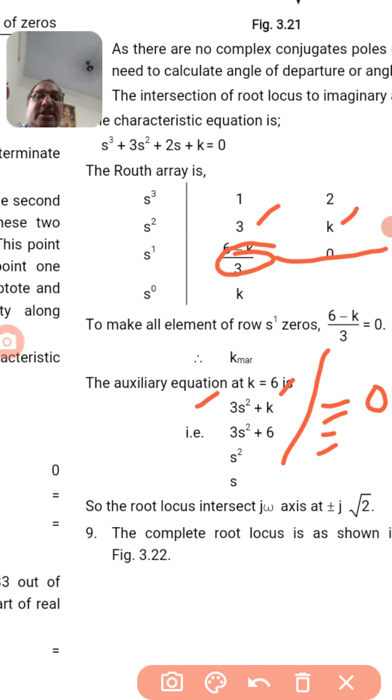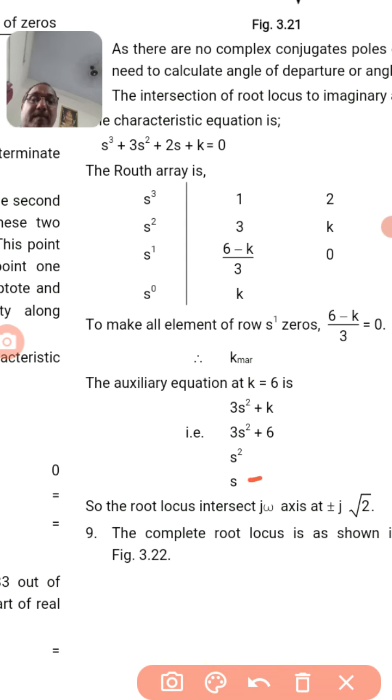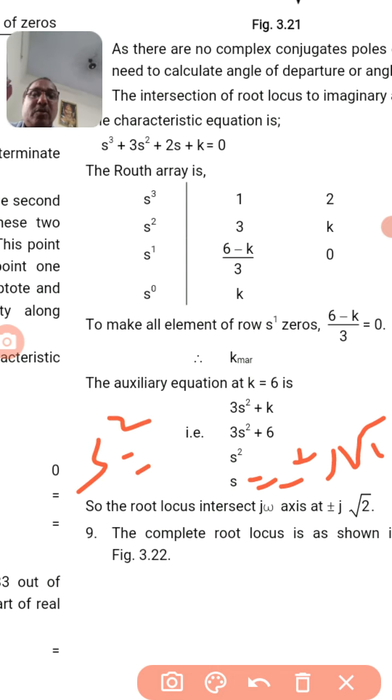So 3s square plus 6 is equal to 0, and hence s square is equal to minus 2, and so s is equal to plus or minus j root 2, because s square is equal to minus 2 here.